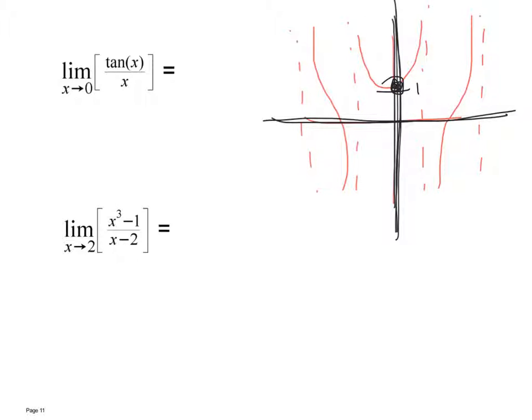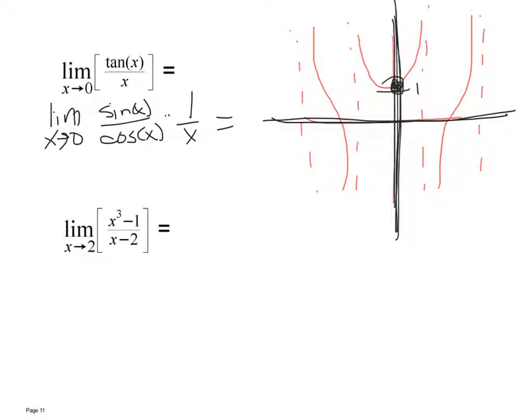I'm thinking it's 1. We're going to talk about how to look at that as an algebraic problem as well. So I need you to think about tangent as being sine over cosine. I'm going to copy down my limit part. If I do that, I really have sine over cosine and then all over x.